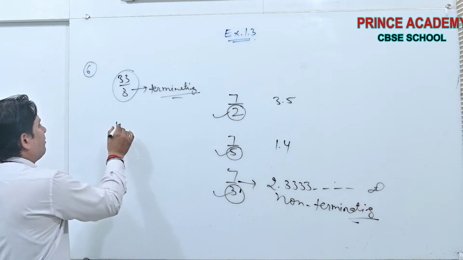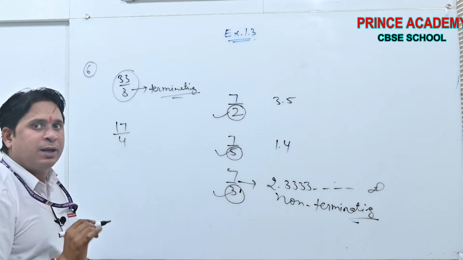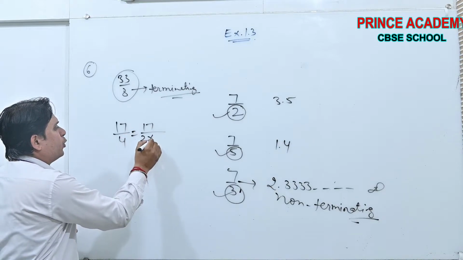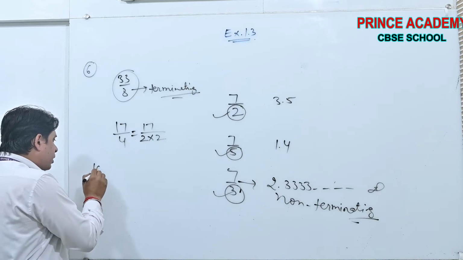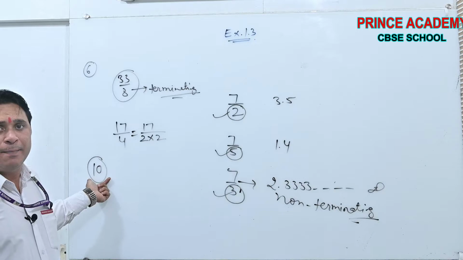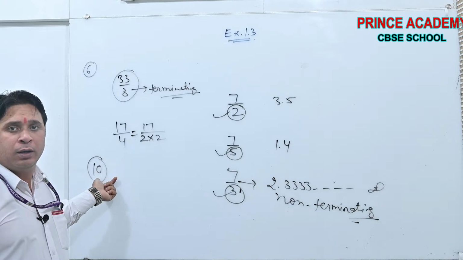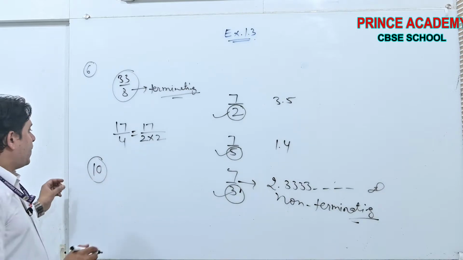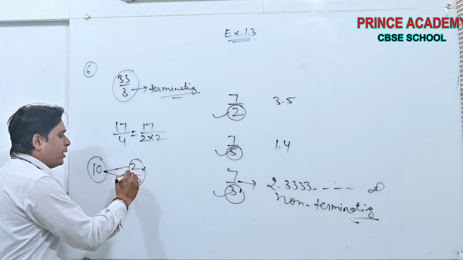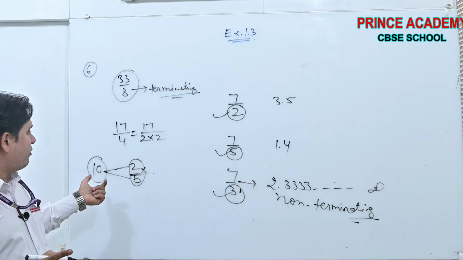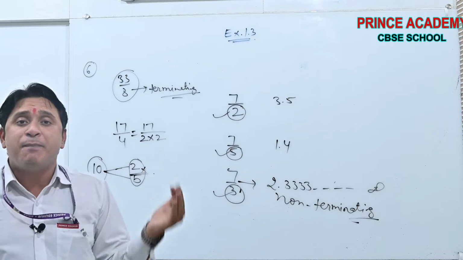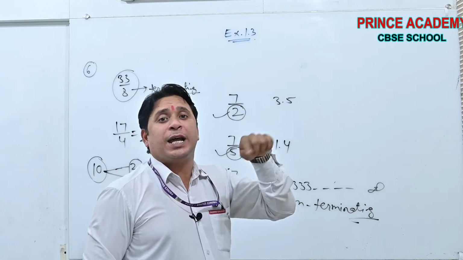Like suppose I have to divide 17 by 4. See, the prime factors of 4 are 2 into 2, and 10 is the number which is responsible for termination. 10 is the product of 2 and 5. That's why we consider that only the case of 2 and 5 or both will make the decimal expansion terminating.